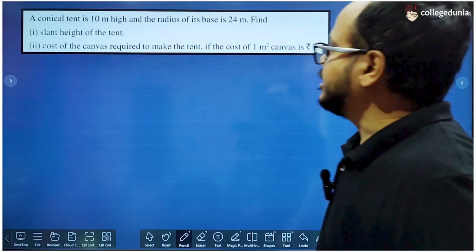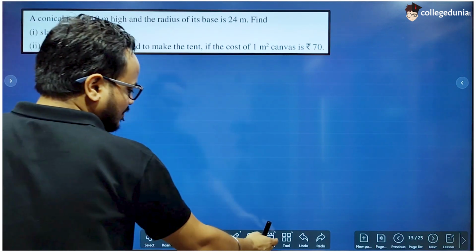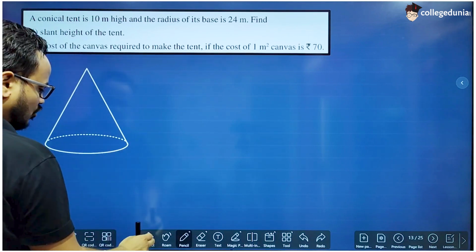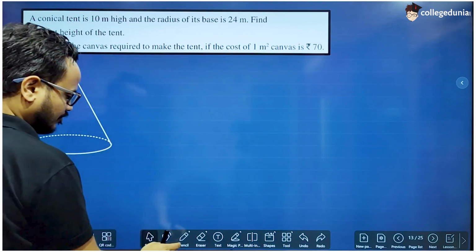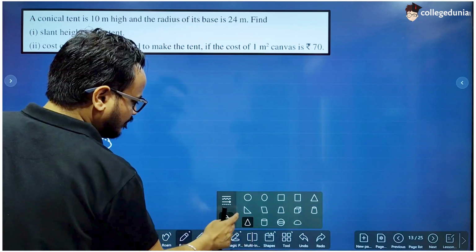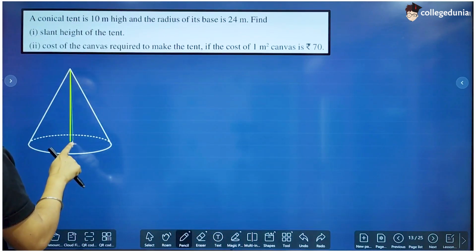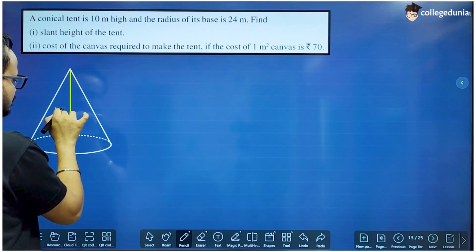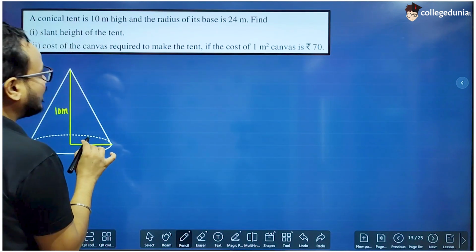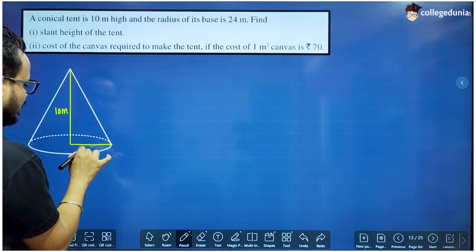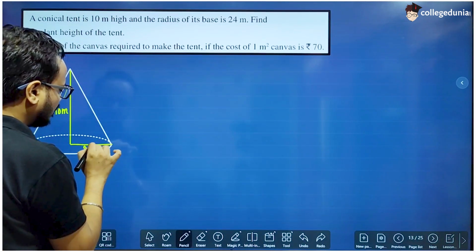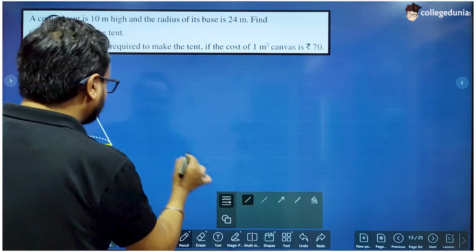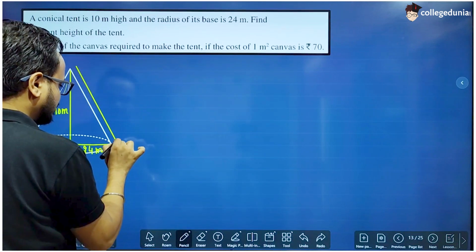A conical tent is 10 meter high and the radius of its base is 24 meter. This is a conical tent which is 10 meter high, and the radius of the base is 24 meter. Find the slant height of the tent.